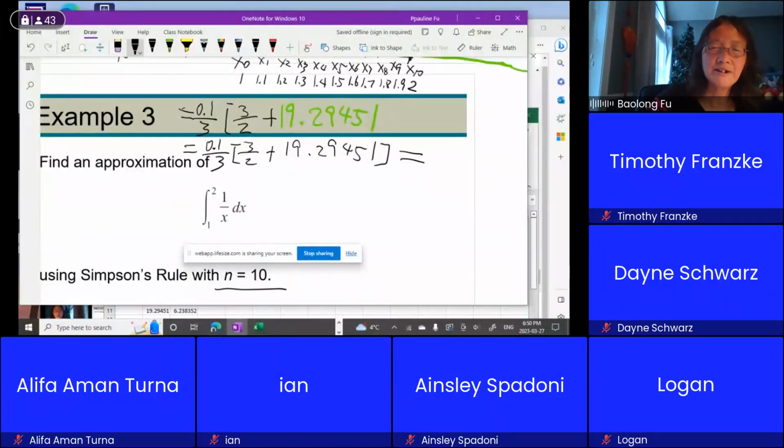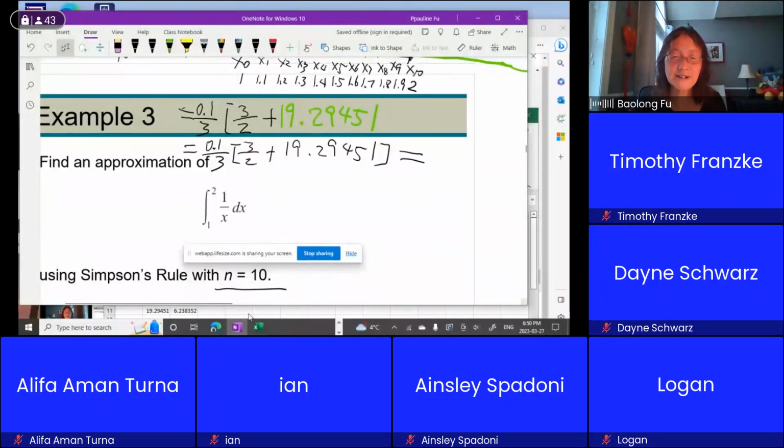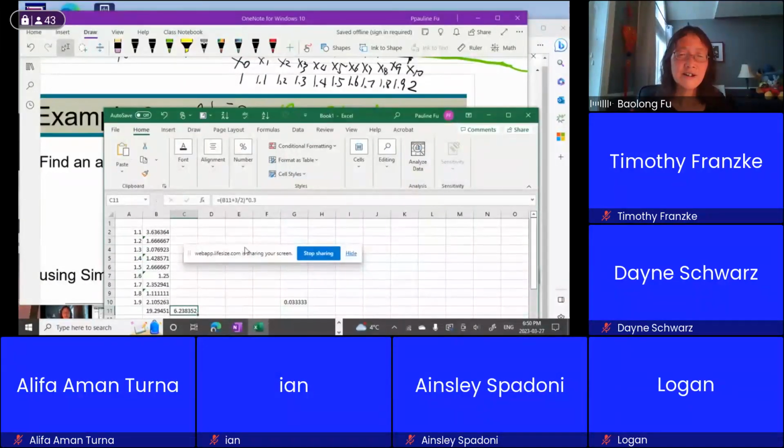And then my result should be this number, 19.29, that number is correct, okay? It is just times 0.1 over 3. Now I got the correct answer, 0.69315. Okay, so this is my Excel calculation.